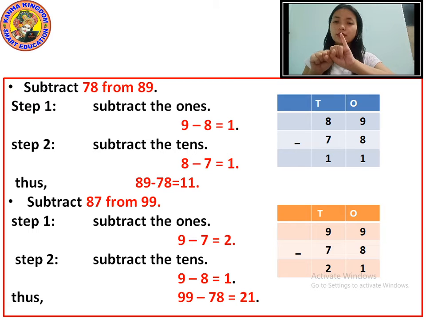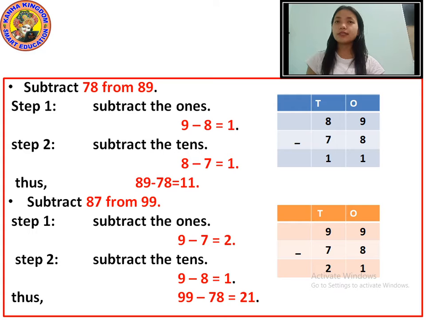How many fingers are left? Only 1. So while subtracting 7 from 8, we get 1 as a difference. So write 1 in the tens column.